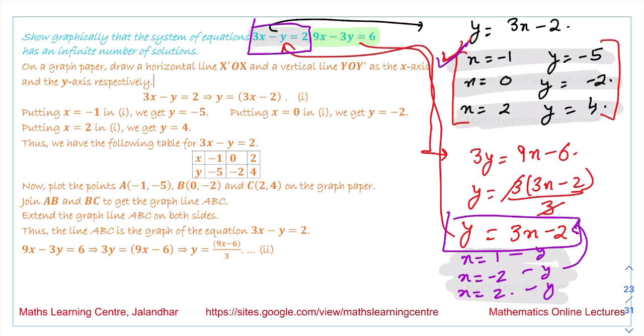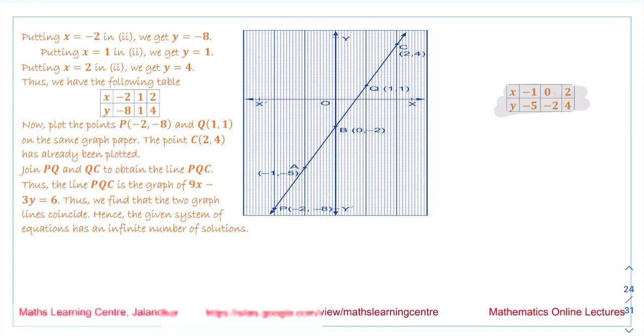So what we get is two sets of points. One is the point x is equal to minus 1, y is equal to minus 5; x is equal to 0, y is equal to minus 2; for x is equal to 2, y is equal to 4. The second set we obtain is minus 2 and minus 8, 1 and 1, 2 and 4.